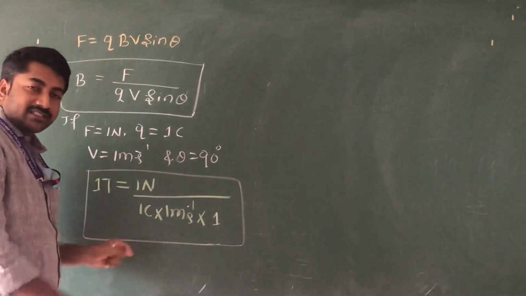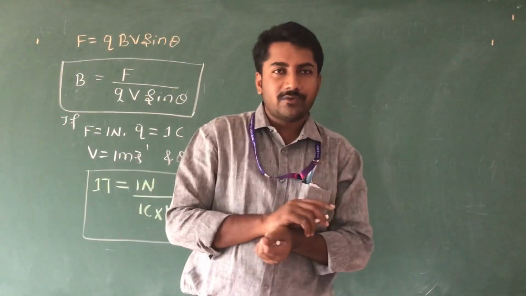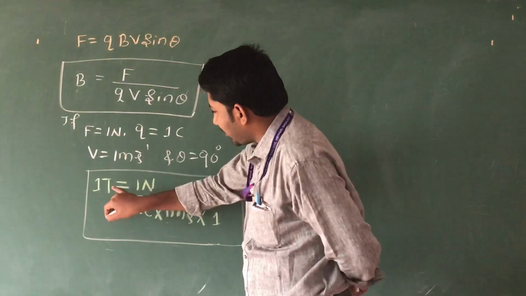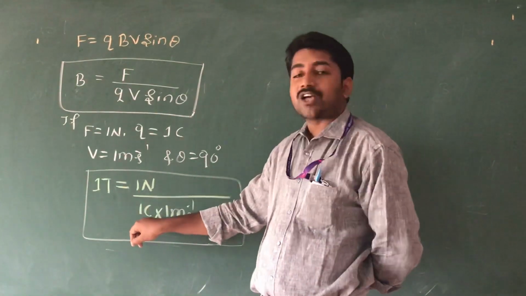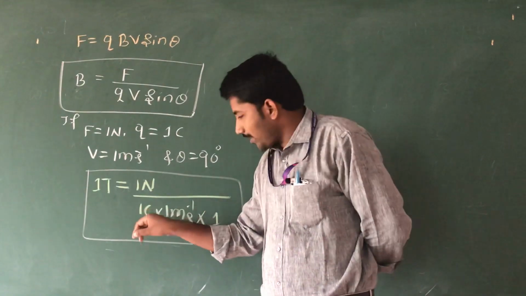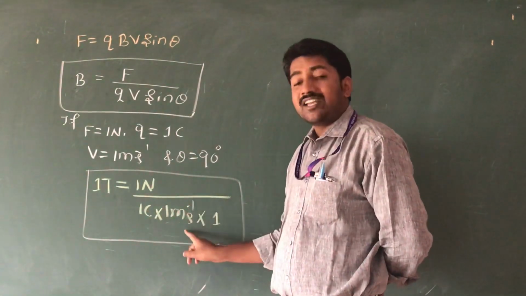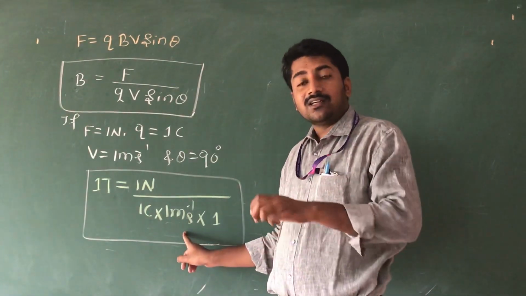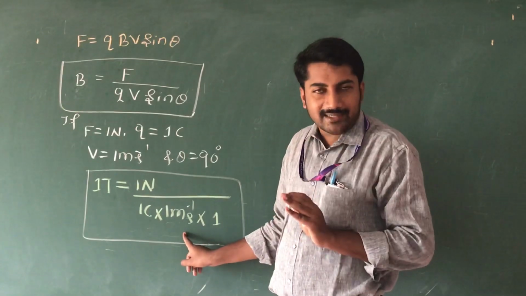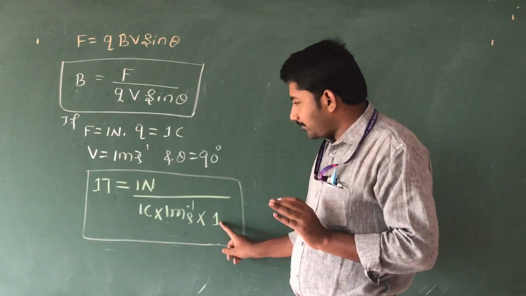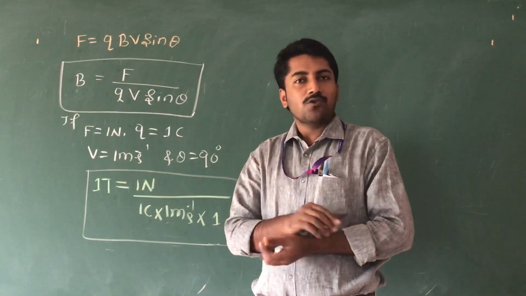The strength of the magnetic field is said to be 1 Tesla if 1 Coulomb of charge is moving with a velocity of 1 meter per second at right angles to the direction of the magnetic field with a force of 1 Newton.